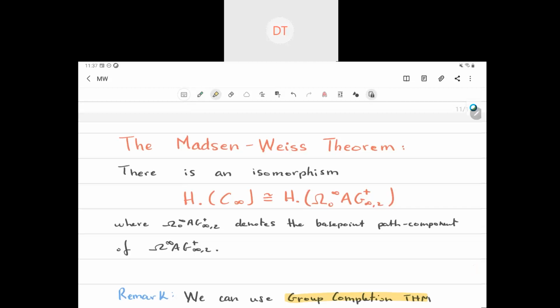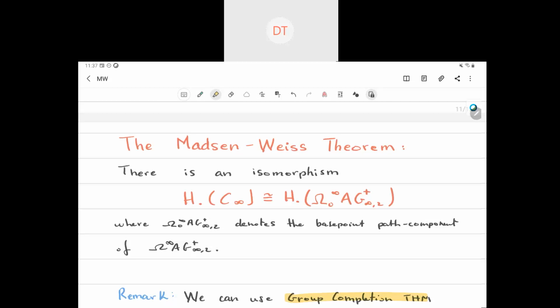It's this infinite loop space of this affine Grassmannian, and then we take this path component, right? It looks like something you don't want to compute, but it turns out that this theorem actually gives a tool for actual computations.